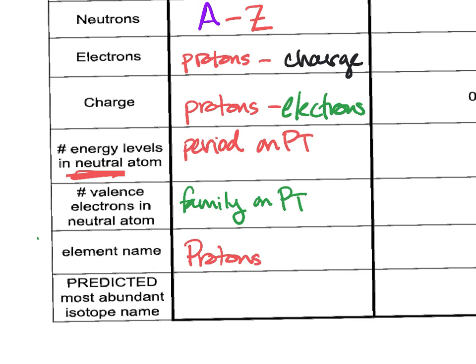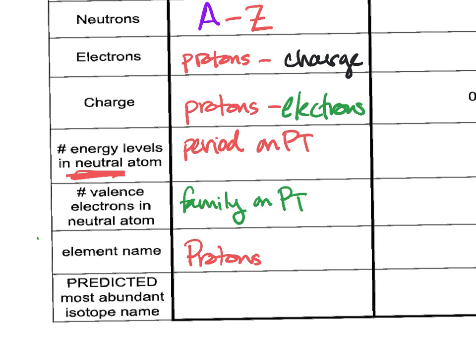And then if we wanted to predict what the most abundant isotope is, what would we need to do? Look at average atomic weight, right? If you have mass spectrometry, that would be great. Let's pretend we don't, though, and we just want to predict what the most abundant isotope would be. Whatever the average atomic weight is closest to.